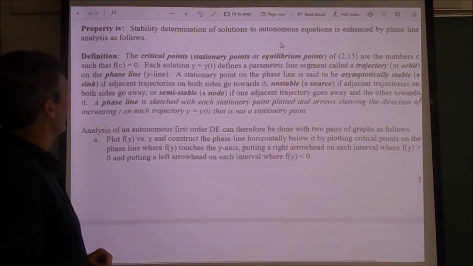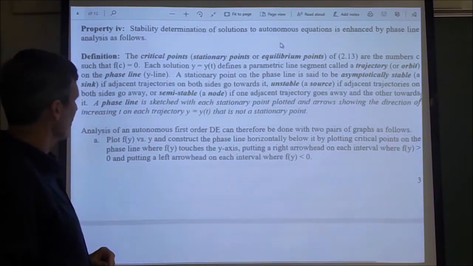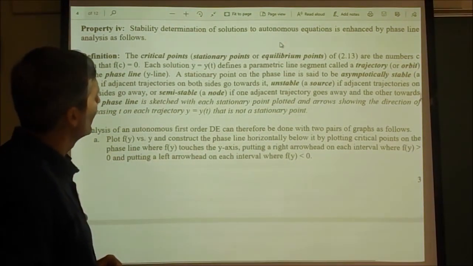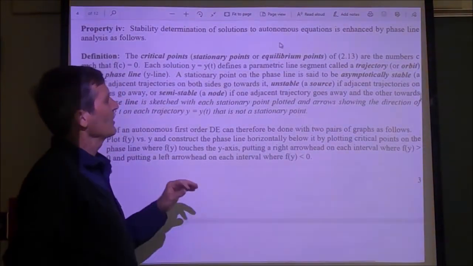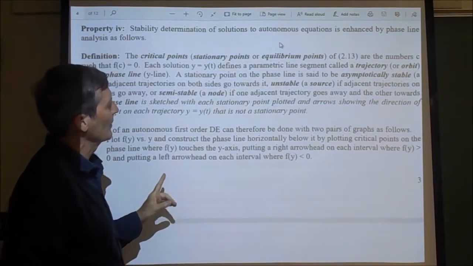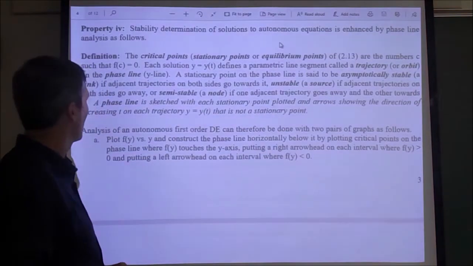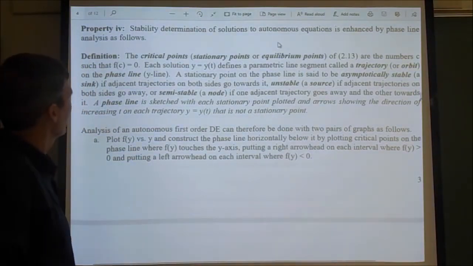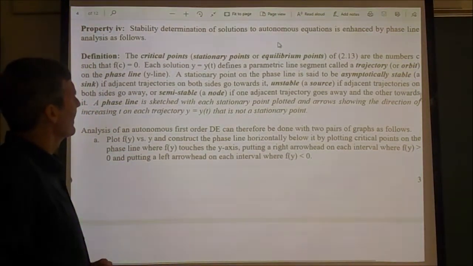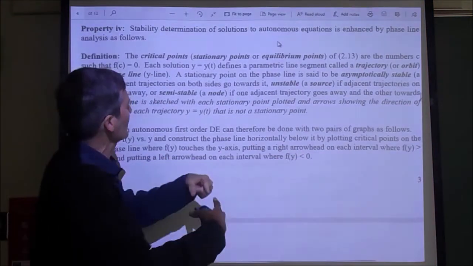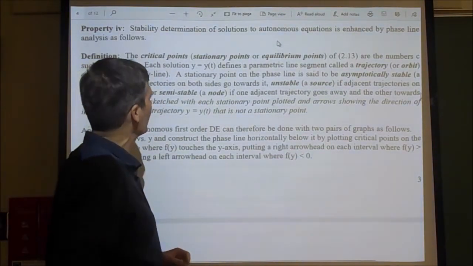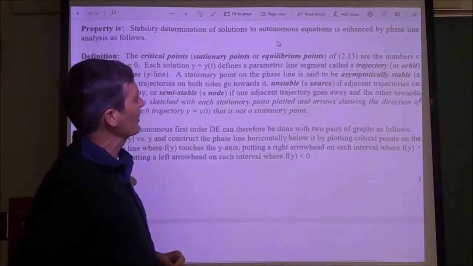Between all the critical points, you then draw arrows to show which way solutions are traveling along in y. Is y increasing or is y decreasing? You draw arrows in those directions. And if the arrows go towards a critical point, a stationary solution, then you say it's an asymptotically stable point.